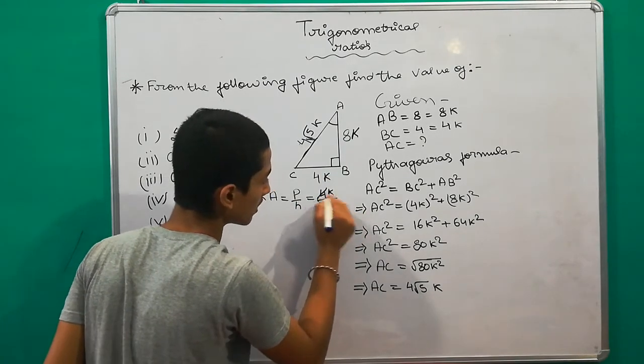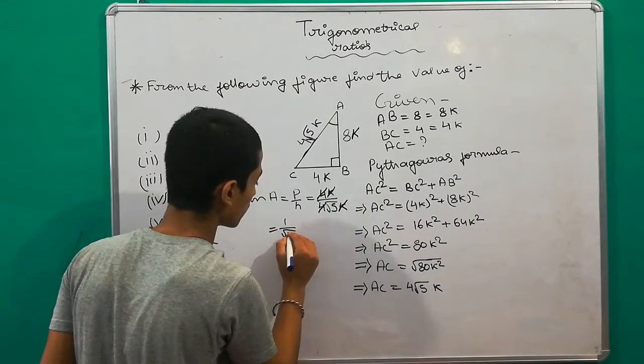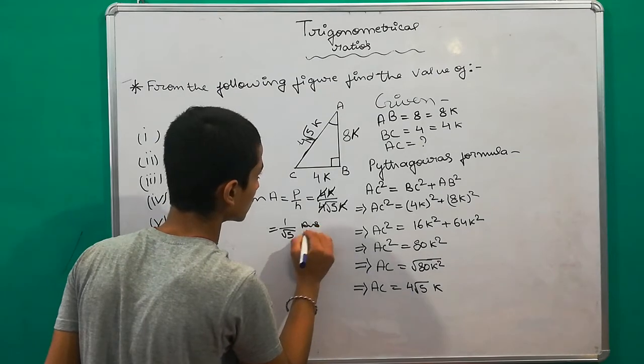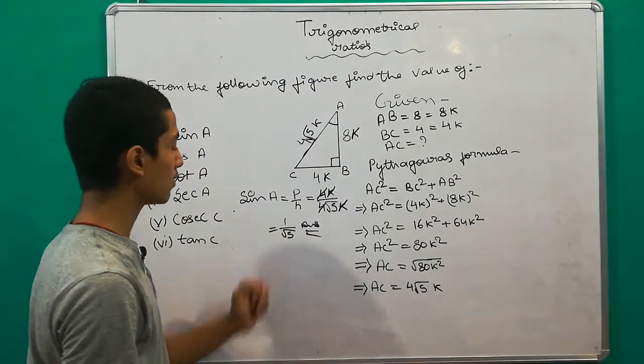So friend, 4 cut, K cut, equals 1 by root 5. Answer. So friend, this is sine A. Value of sine A is 1 by root 5.